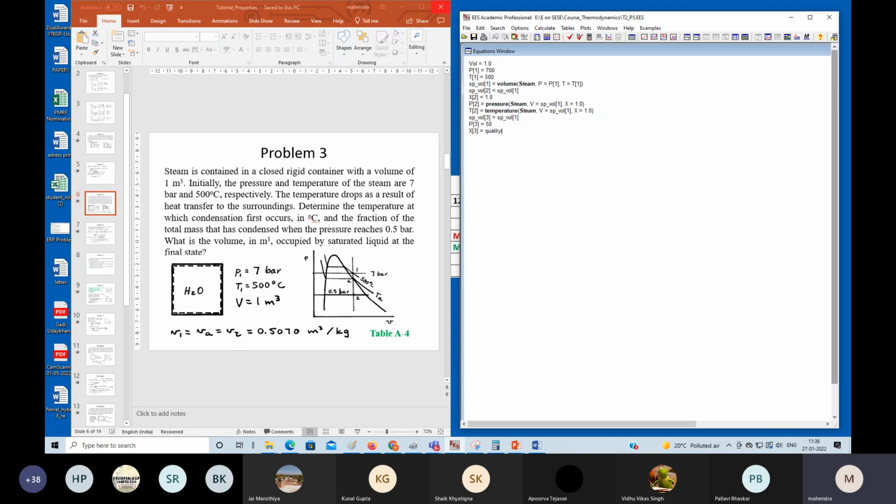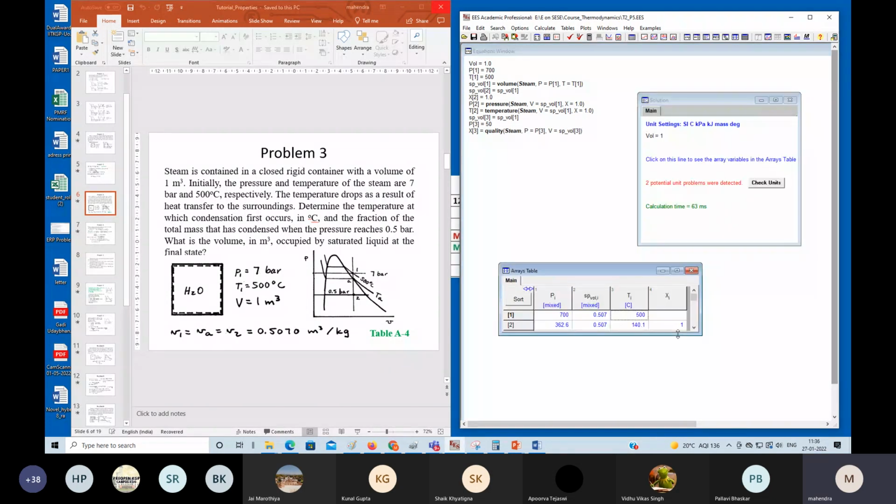Our working substance is steam, then P equal to P3, and V equal to specific volume V3. This is the run.